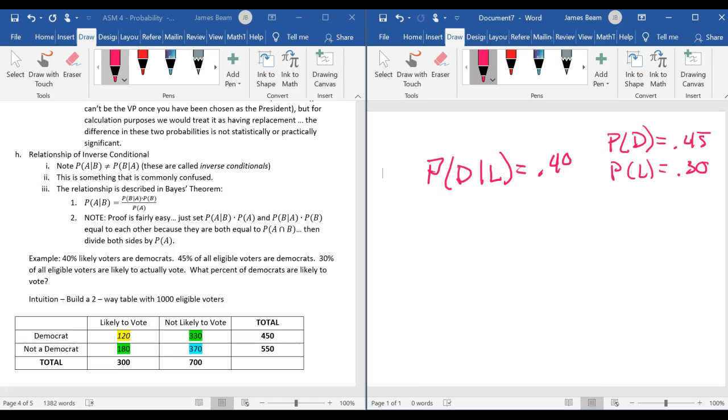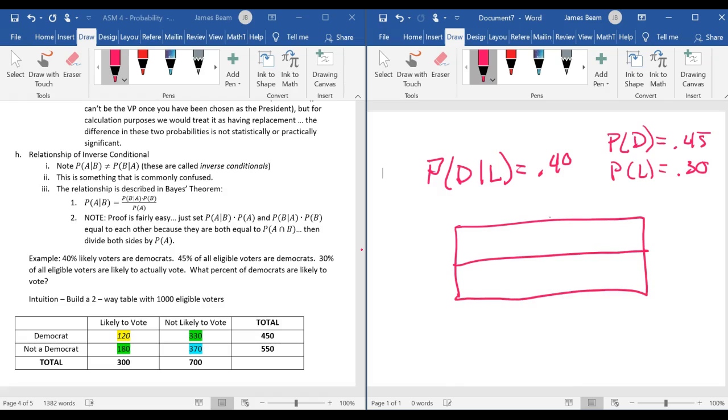So one way to intuit this is to build a two-way table, which is what I did in the notes. Okay, and to pick a large number, I like 1,000. All right, so we have the Democrats and the non-Democrats, right? We have the likely voters and the non-likely voters.